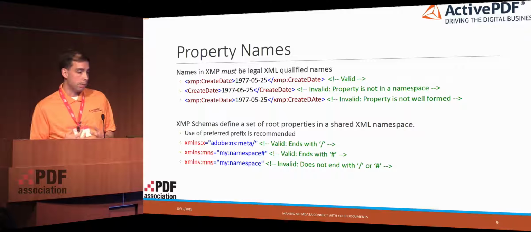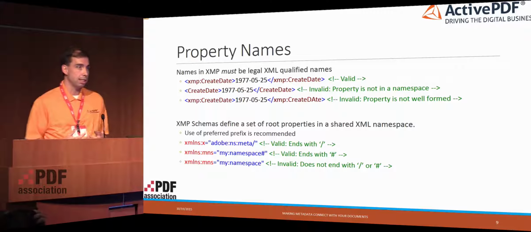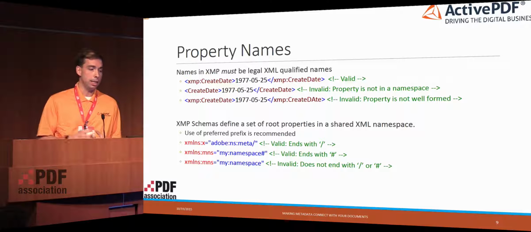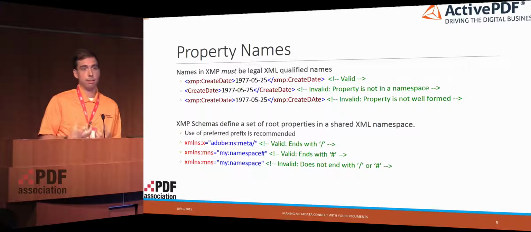Now, a little bit about property names. Because they are going to be serialized to XML, they need to be legal XML qualified names. What does that mean? It means they have to be in a namespace and they have to be well formed. So if we look at the top example, that is a valid XMP property name because it exists in a namespace designated by that XMP prefix, and it's a well-formed name.